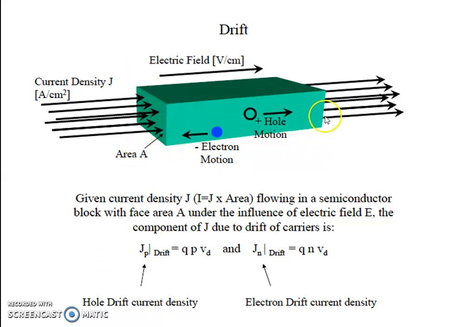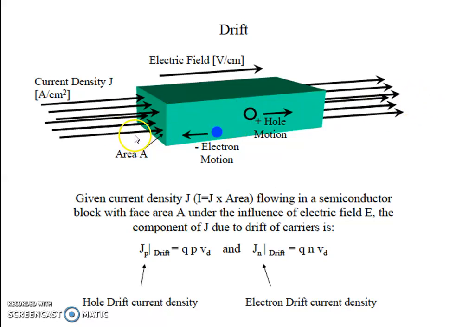Now this is a schematic for understanding. If you have a semiconductor and you let current flow through it, you create a potential difference between these two terminals, and then the charges will flow. Holes will flow in this direction, electrons in exactly the opposite direction. This will give rise to current.